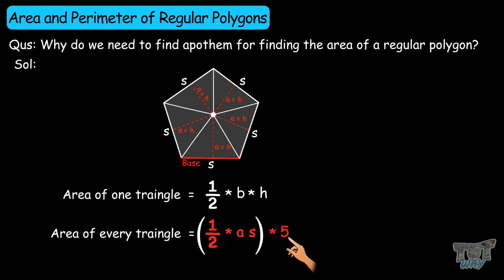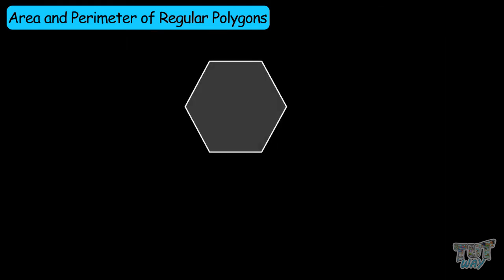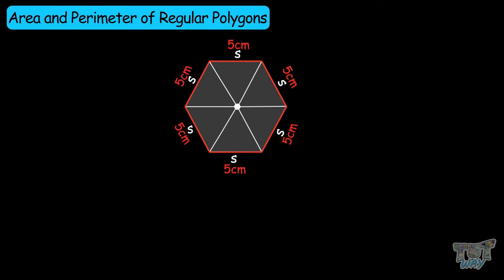Let's have one more example. The hexagon. This is a regular hexagon. You can make 6 equal triangles in this regular hexagon, where each triangle will have the base as its side of the hexagon. And we know in a regular polygon, all the sides are the same, so S will be the same.